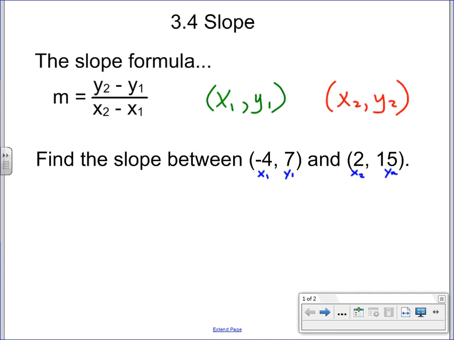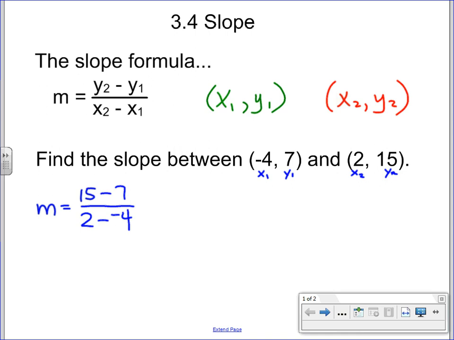If you choose which one you want for your first point, stick with that, and then your other one's your second point. So in this case, my slope is going to be equal to y2, which is 15, minus y1, which is 7, over, I'm going to subtract x2, which is 2, minus x1, which is -4.